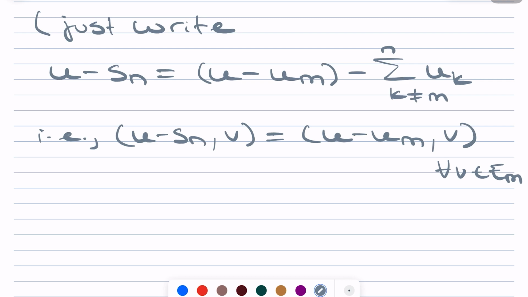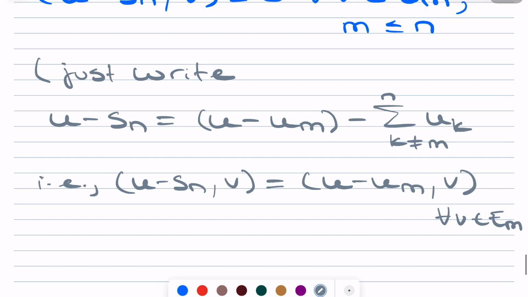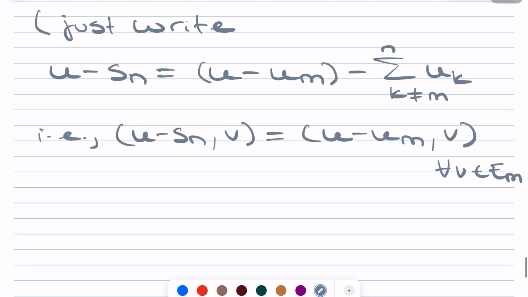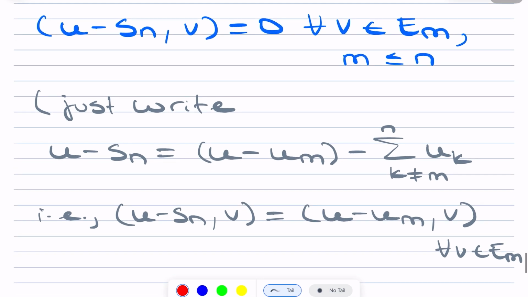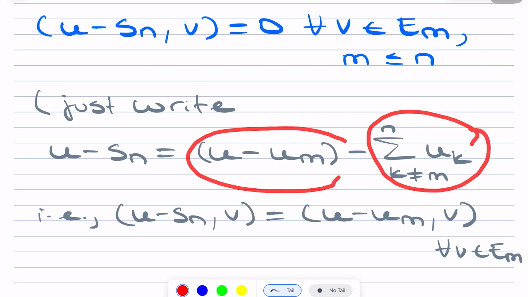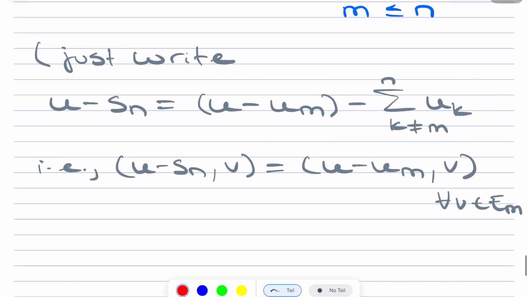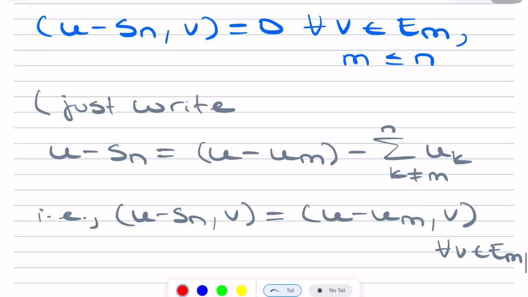What I want to say is that the scalar product of this part here and v is exactly 0, because v is in Em, and all of these quantities live in spaces that are different from Em.